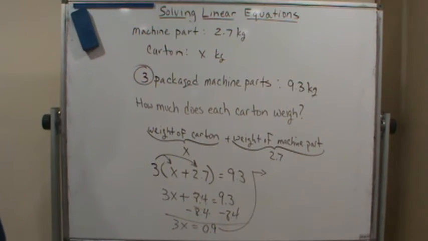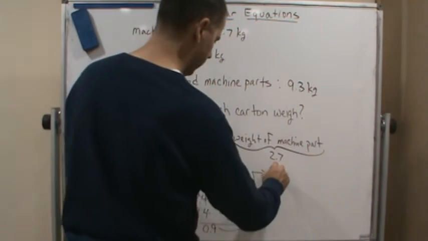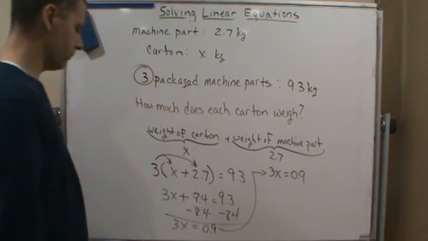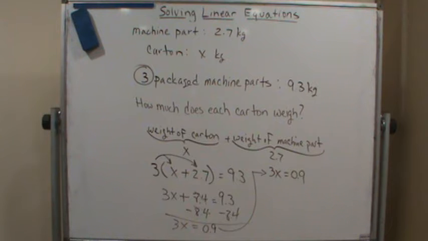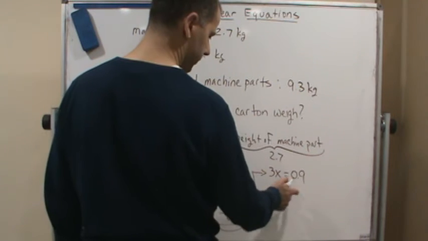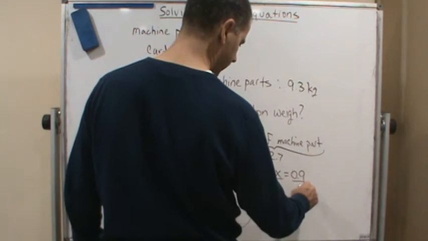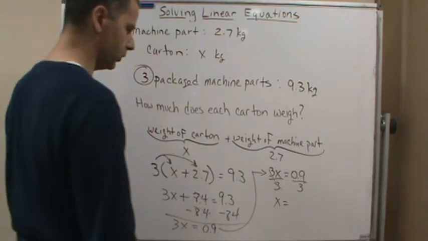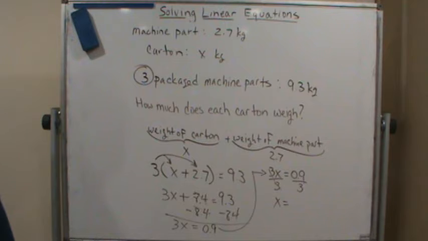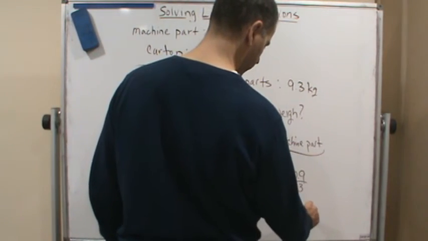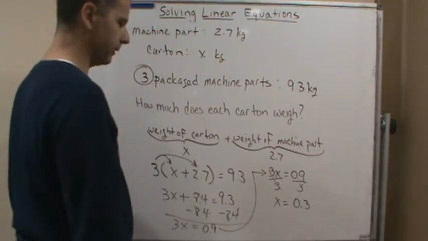Then all we have to do now is divide both sides by 3. 3 divided by 3 is 1, so we get x equals 0.9 divided by 3, which gives me 0.3.